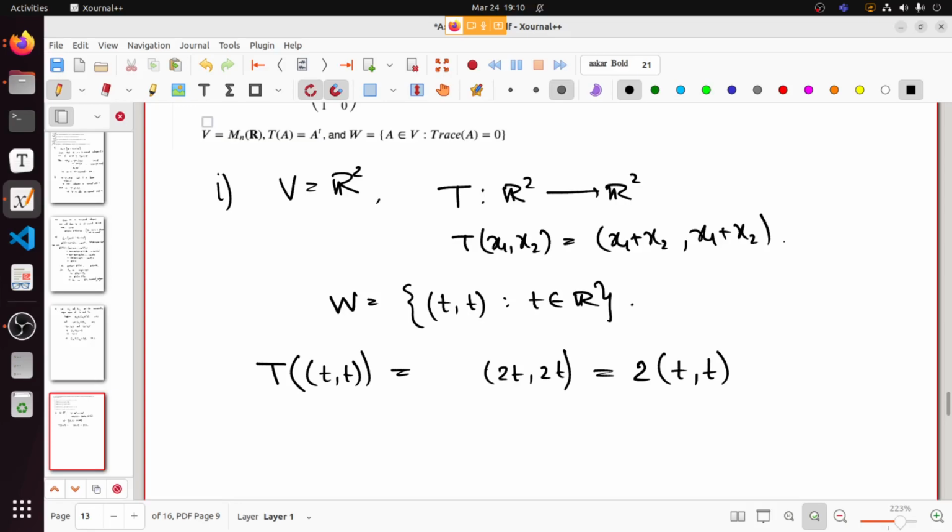So (t, t) is in W, and W is a subspace, means this is again in W. So W is a T invariant subspace of V. W is a T invariant subspace.